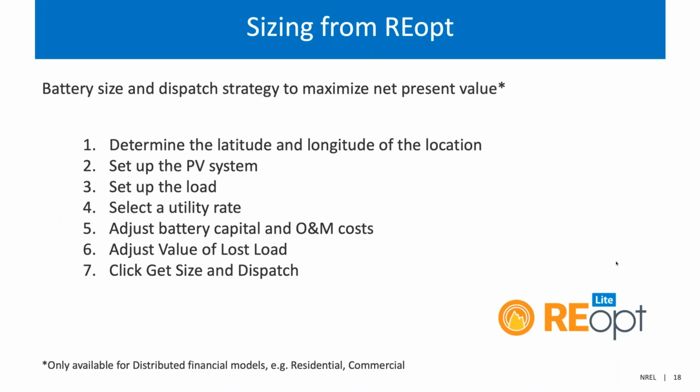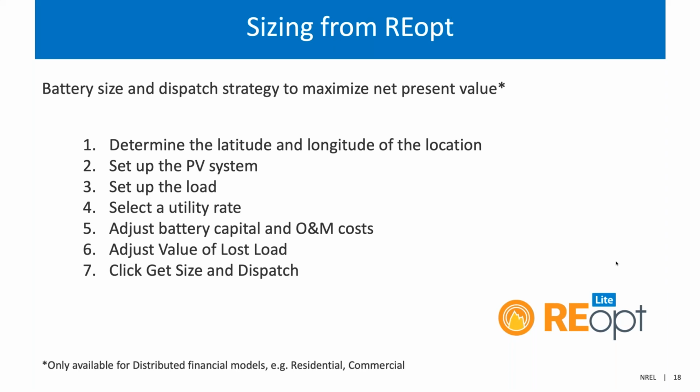So we've integrated their battery sizing and dispatch strategy optimization to maximize net present value of the system. Since REopt Lite is designed for commercial building managers, this sizing feature uses utility rates to help reduce electricity bills. And so in SAM, this feature is only available for behind-the-meter distributed financial models, such as residential, commercial, and third-party.